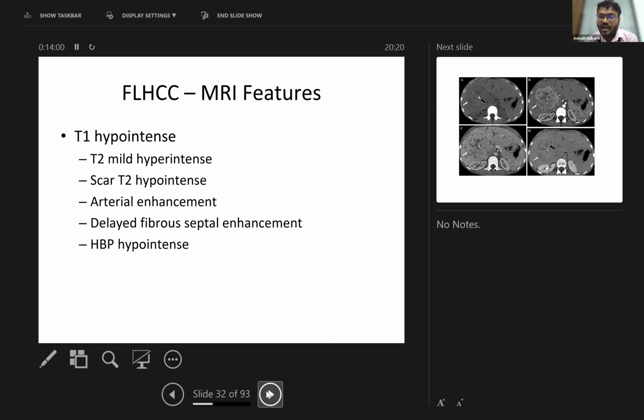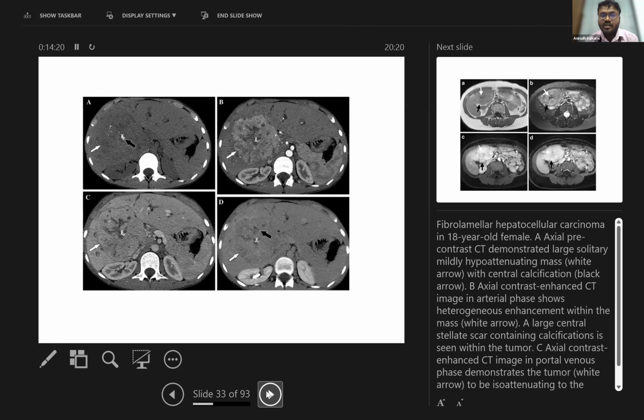So there will be arterial enhancement and delayed fibrous septal enhancement, and in hepatobiliary phase there is hypointensity. And we have seen that only the FNH will show the retention in the hepatobiliary phase. So this is the finding of fibrolamellar HCC.